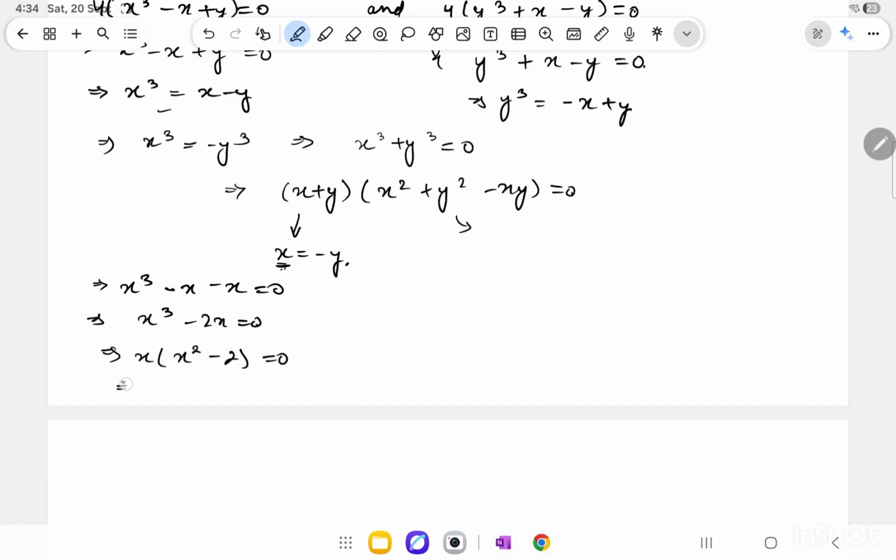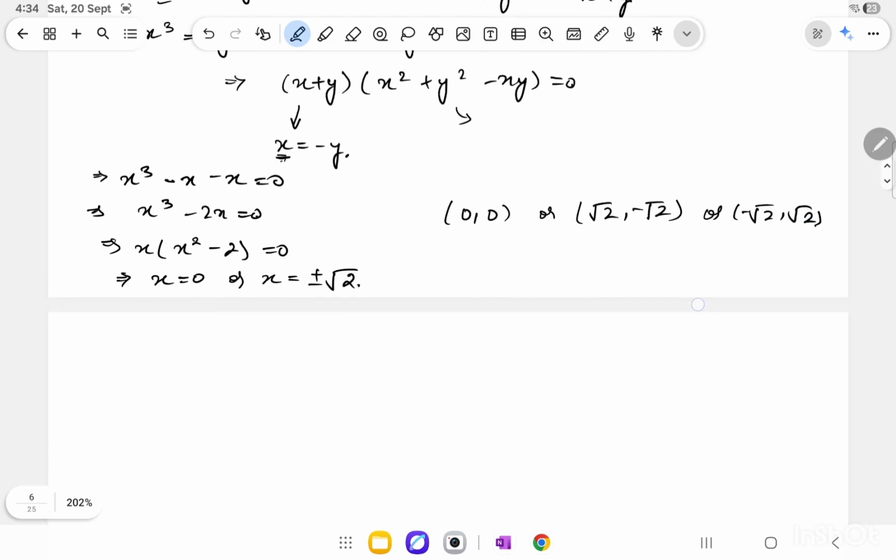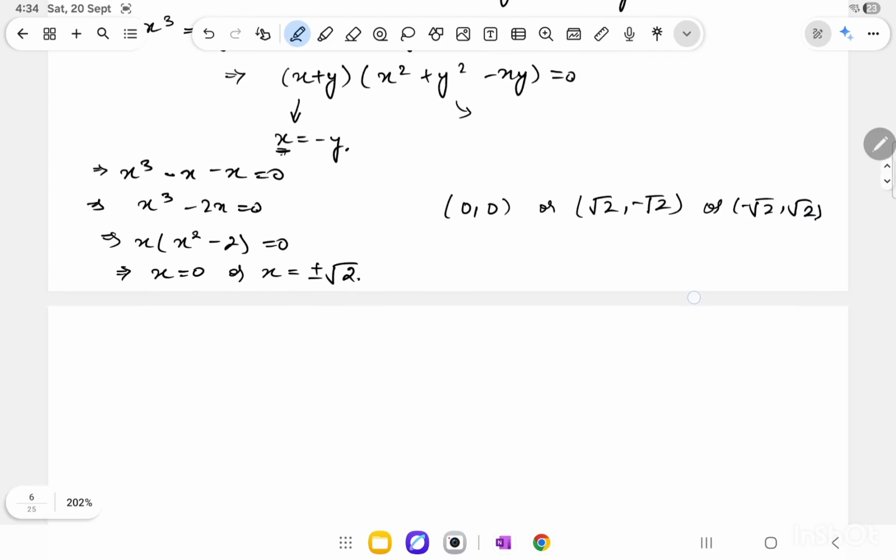So from here I got x = 0 or x = ±√2, and y is basically negative of x. So my critical points are either (0, 0) or (√2, -√2) or (-√2, √2). So I got 3 critical points basically.